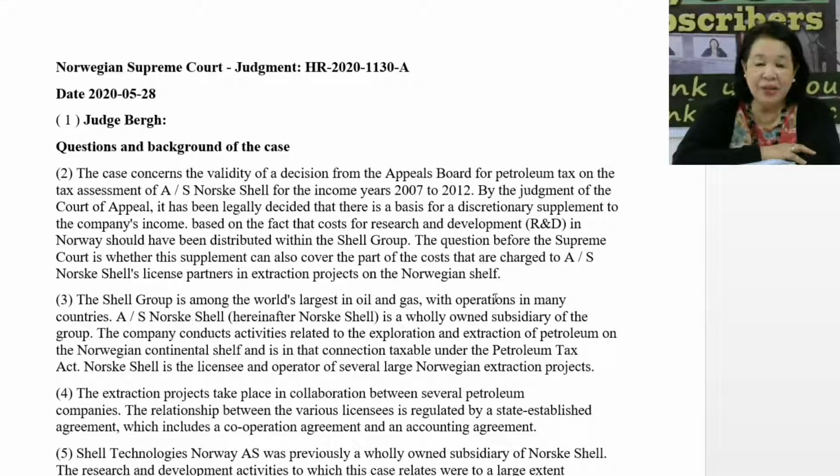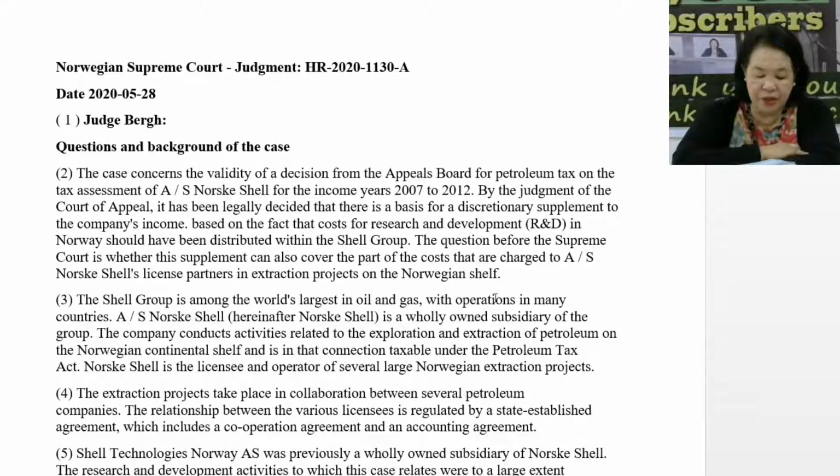So what happened in this case is that the Norwegian Tax Authority reallocated the research and development cost to other members of the Shell group. When you allocate a portion of the expenses to others, you reduce the amount of the research and development cost. Of course, what is the effect? It will increase the taxable income. So in this case, there is a tax deficiency. Okay.